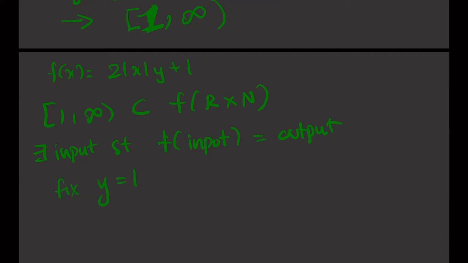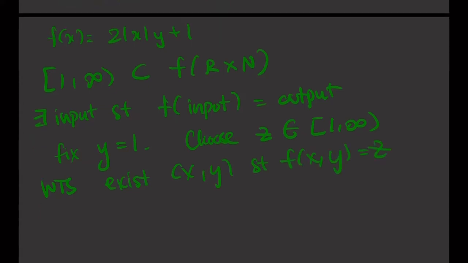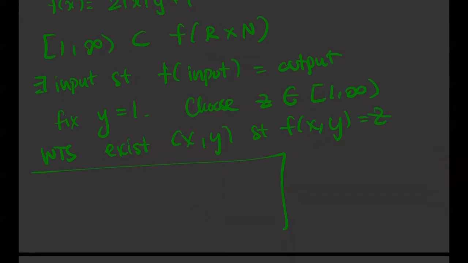Let's fix y equal to 1. Choose a number from the interval. I want to show that there exists a pair of x, y such that f(x, y) equals z, right? So in my rough work, I will think 2 times absolute value of x, and then times y. And if I fix y here as 1, and plus 1 equals z.